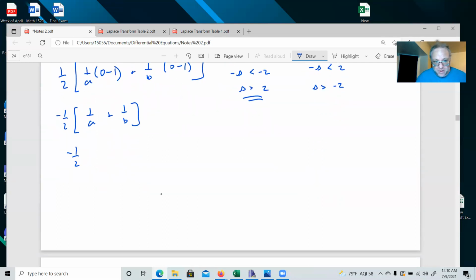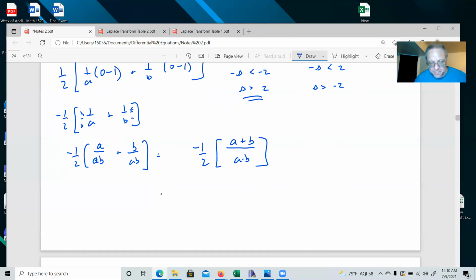So we have negative 1/2, a over ab plus b over ab. All I did is I multiplied by a over a and b over b to get common denominators. So this is negative 1/2. Here we have a plus b over a times b.